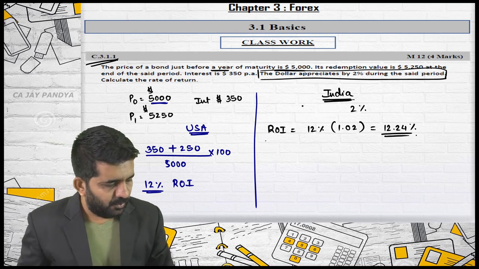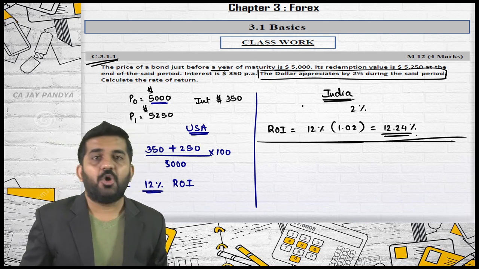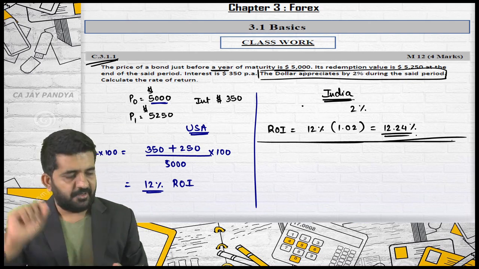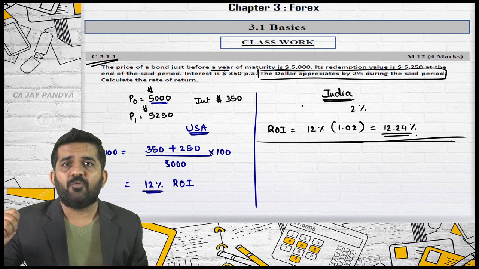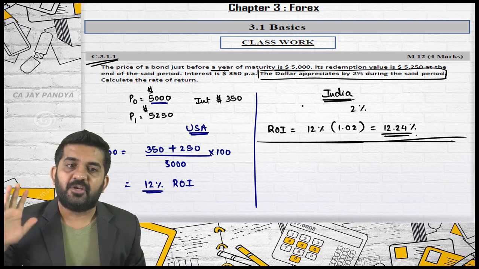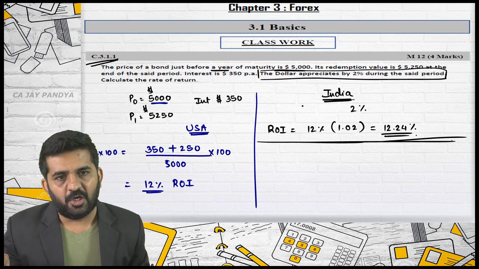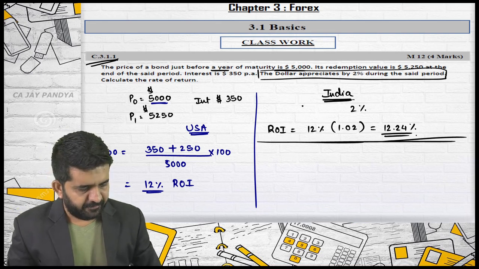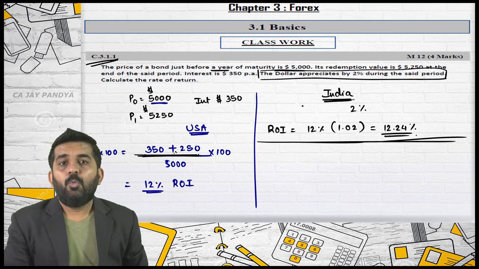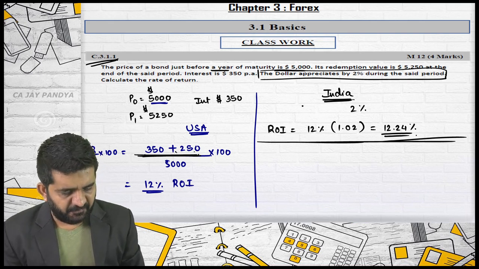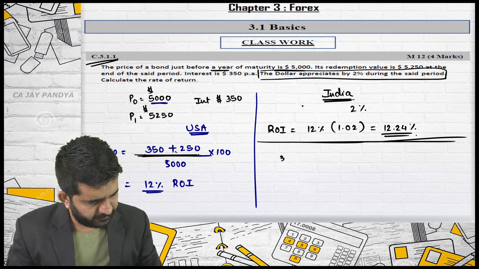Sir, we don't believe. How will the return increase by 2% if the dollar is appreciating by 2%? Try to concentrate over here. Suppose the rate before 1 year of dollar was 100. Then what is the return which you are getting? 350 plus $250.